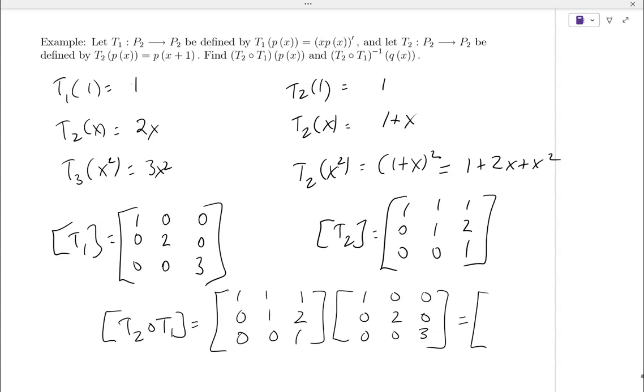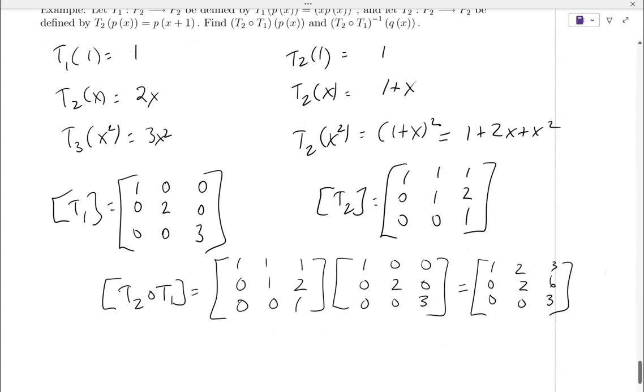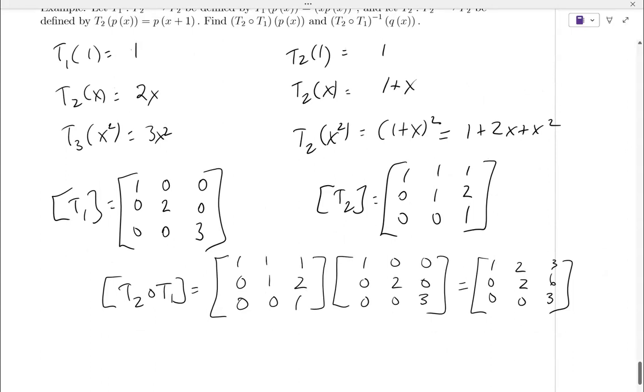So the effect of this multiplication is just multiply 1 times the first column, 2 times the second column, and 3 times the third column. When we multiply by a diagonal matrix on the right, we end up multiplying the columns by those constants. We did it on the left to be the rows. So we end up with 1, 0, 0, 2, 2, 0, 3, 6, 3. Okay? Is that okay? There's our matrix for our composition.